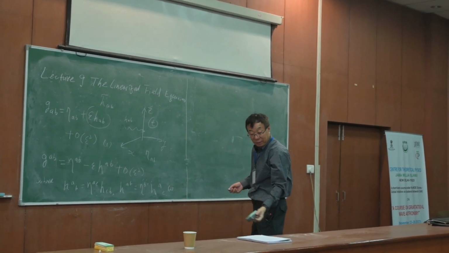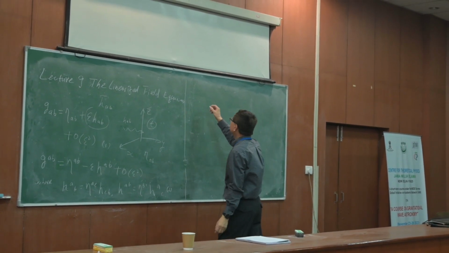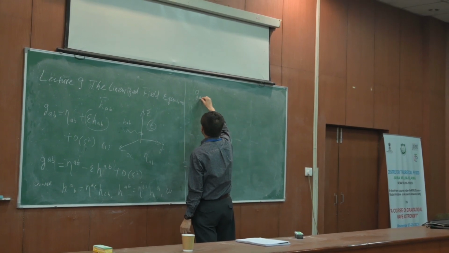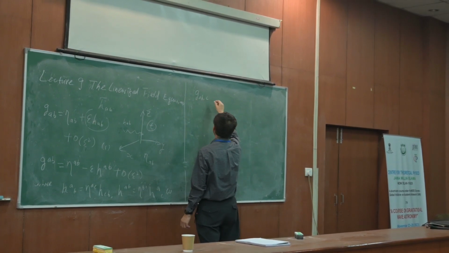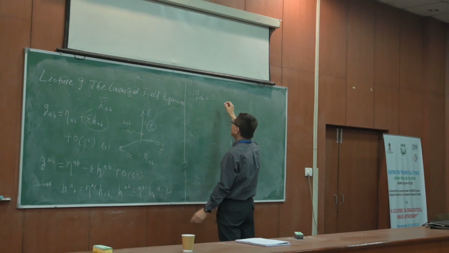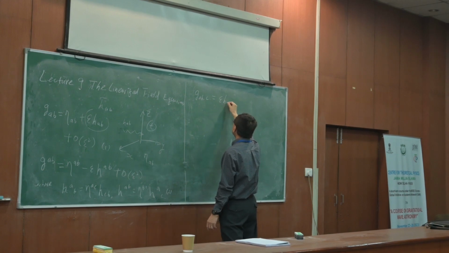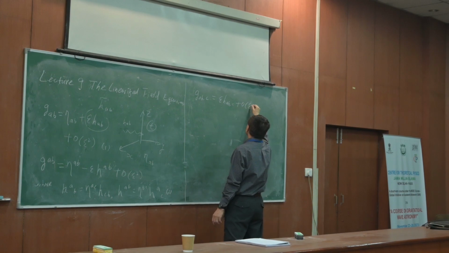Then we have this, g_ab, whose partial derivative will equal epsilon h_ab,c plus second order.